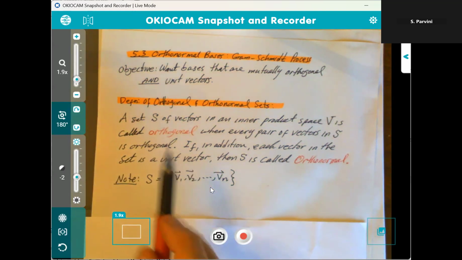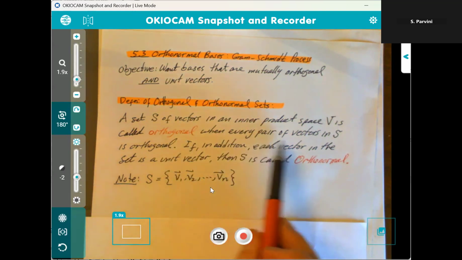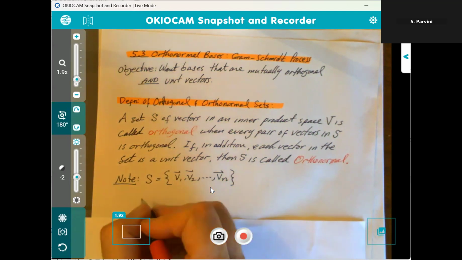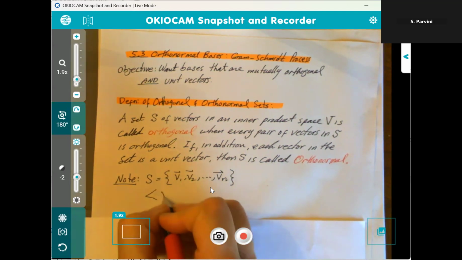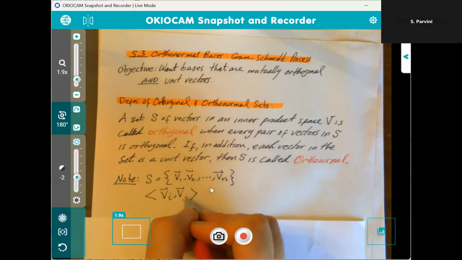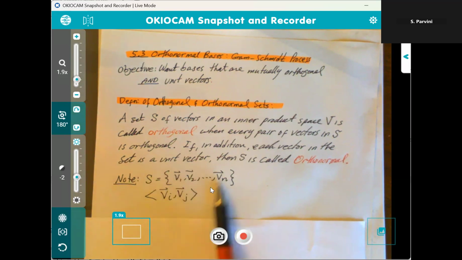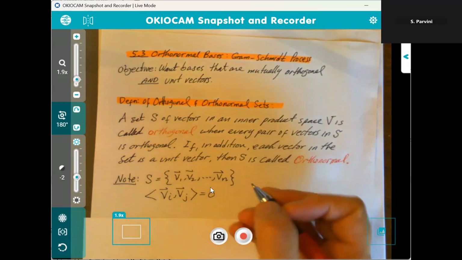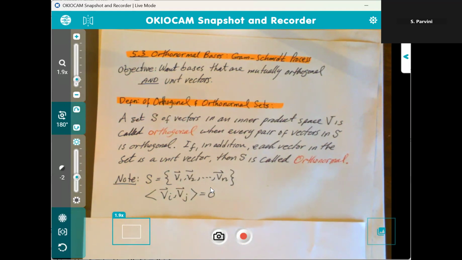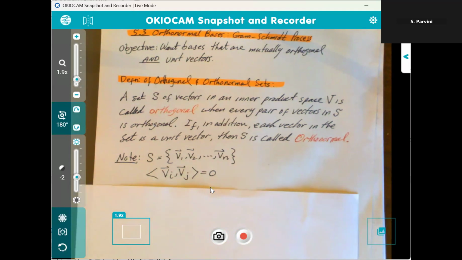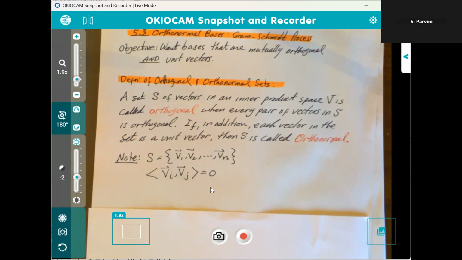So the first part, orthogonal when every pair of vectors is orthogonal, means this. If you look at Vi, Vj, those are 2 vectors in this set. They're orthogonal. That means their inner product, and again, think about the dot product, the inner product of those two must be scalar 0.